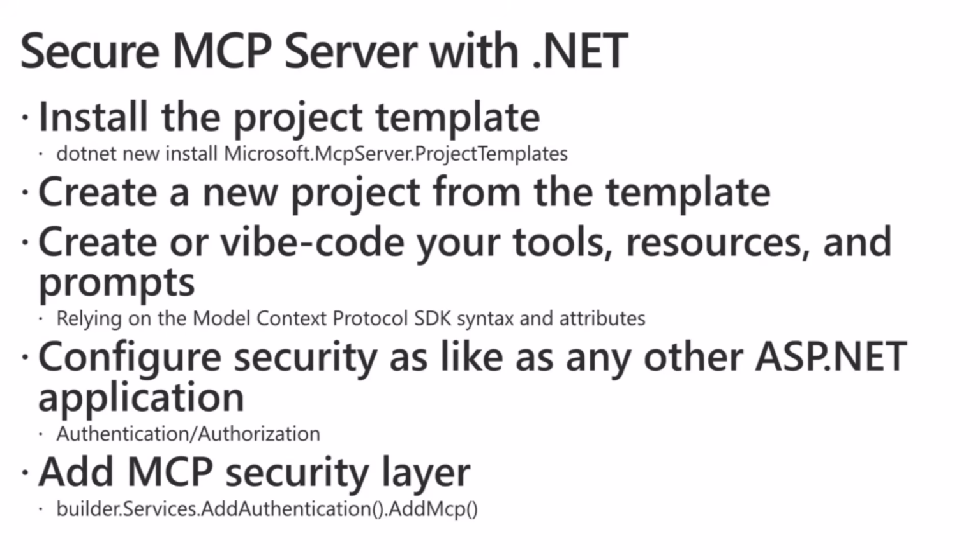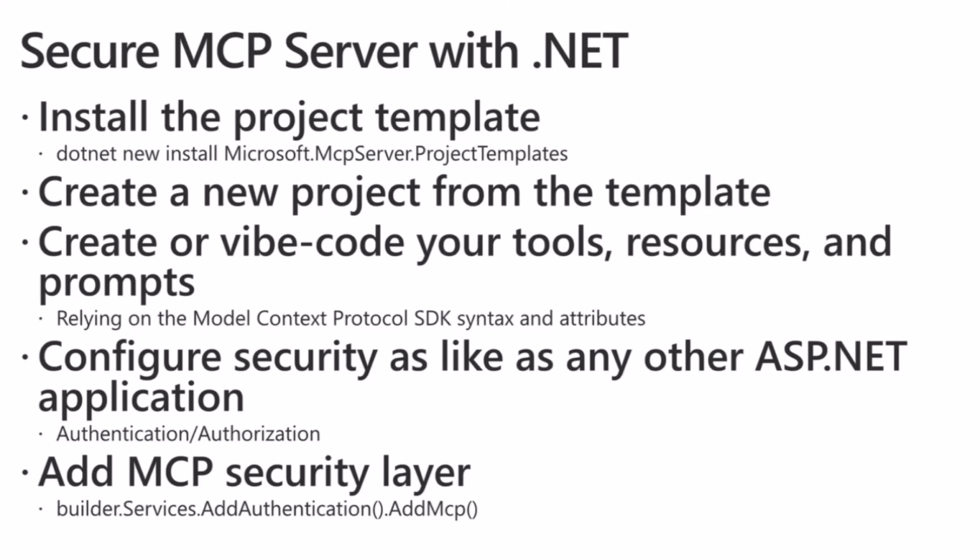And behind the scenes, the project created from the template will rely on the Model Context Protocol SDK for .NET. Then, if you want to have security in place, since the project will be simply an ASP.NET solution hosting your MCP server through the ASP.NET request pipeline, you can simply plug in the security of ASP.NET.